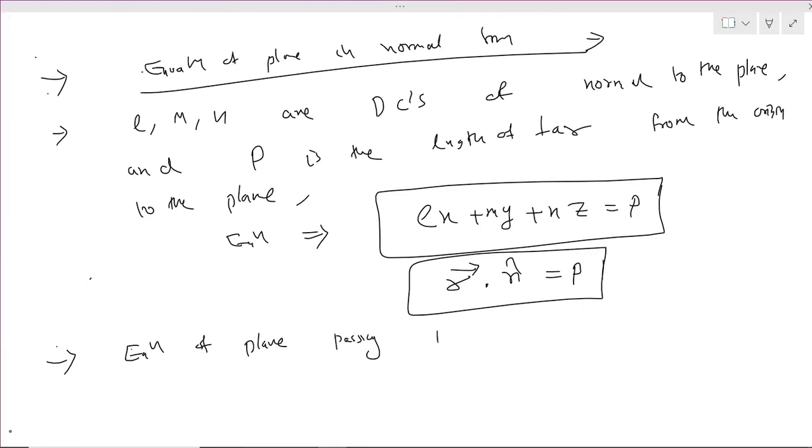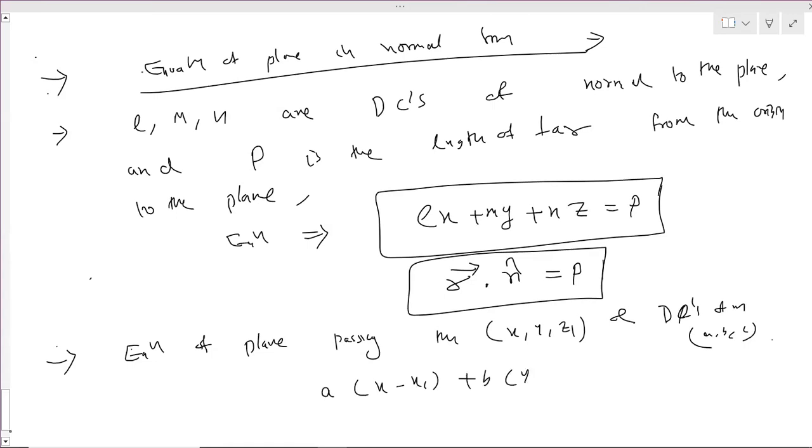Equation of plane passing through x1, y1, z1 and with direction ratios of normal a, b, c. You can write this as a times x minus x1 plus b times y minus y1 plus c times z minus z1 equals 0 also.